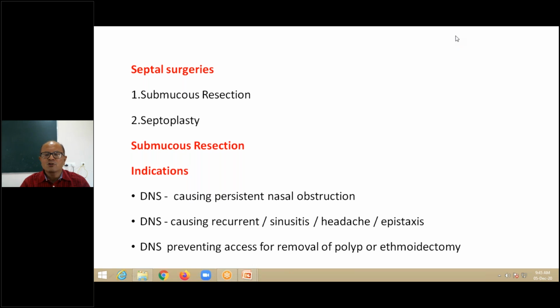We are doing it in most cases, particularly in caudal dislocation of the septum, where the caudal end of the septum is not in line with the anterior maxillary spine. There you can trim the caudal end a little bit, bring it into the midline, and suture it to the periosteum of the anterior maxillary spine. This is known as relocating, because it was somewhere else and you relocated the septum into the midline.